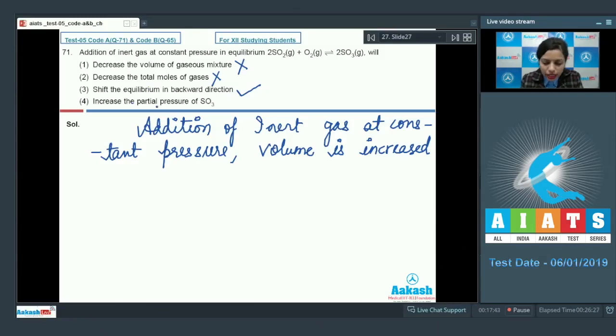Now, it increased the partial pressure of SO3. If equilibrium shifts in backward direction, the moles of SO3 are reduced. If its amount is reduced, its mole fraction is reduced, then its partial pressure should be reduced, not increased. So this is also wrong. Which option is only correct here? Option 3.